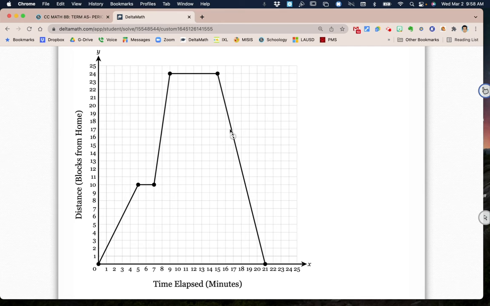You can just keep on doing that or figure out that it's going to take him 6 minutes to get all the way back home, which is there. Okay. So that would describe this. So did we get it right? Yeah. Okay.